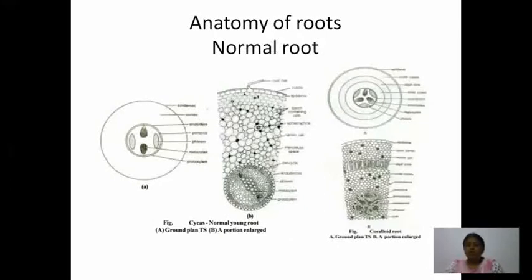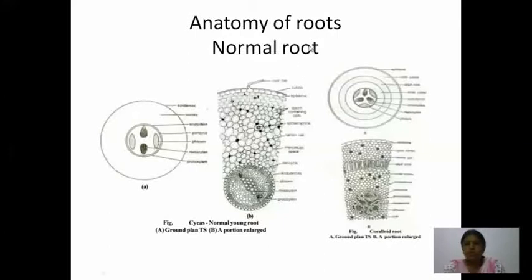Normal roots of cycads are very thick at their bases and become thin towards their apex. In the young roots, the stele is diarch, whereas in the mature root it is diarch to polyarch. These conditions are found in the Cycadaceae.